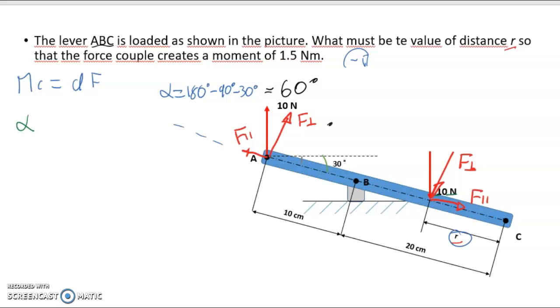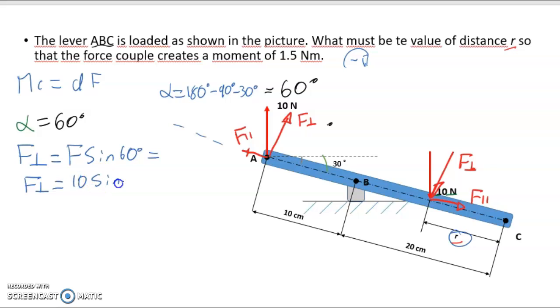Well, if we already know alpha is 60 degrees, we find force perpendicular equals force times sine of alpha. Force perpendicular is going to be 10 newtons times sine of 60 degrees.